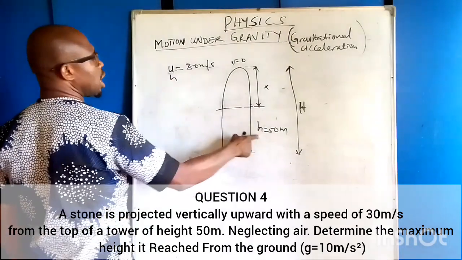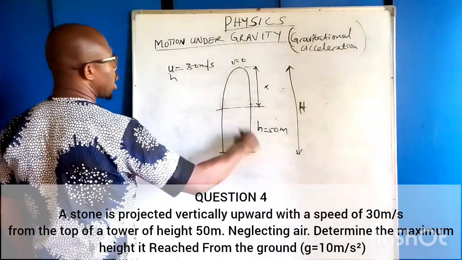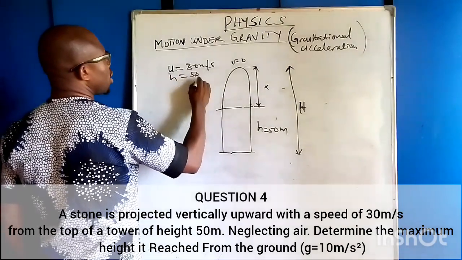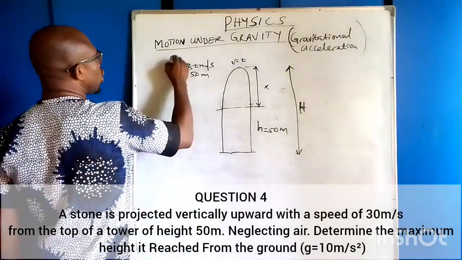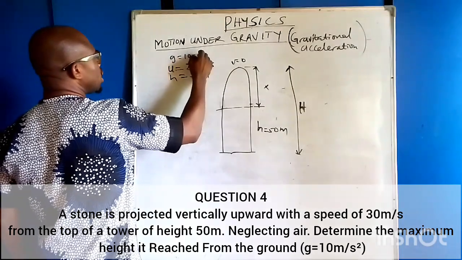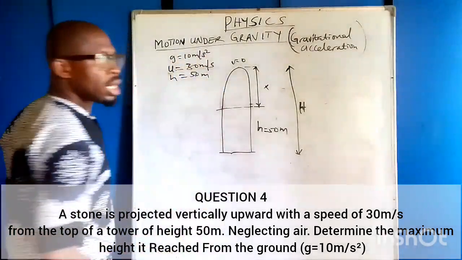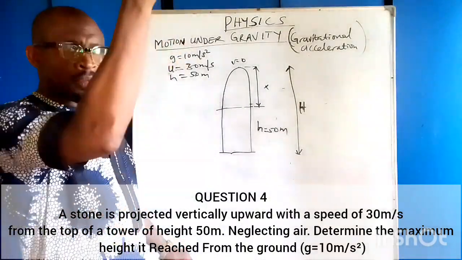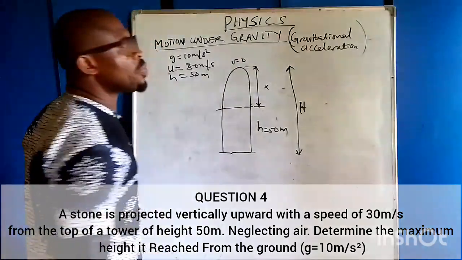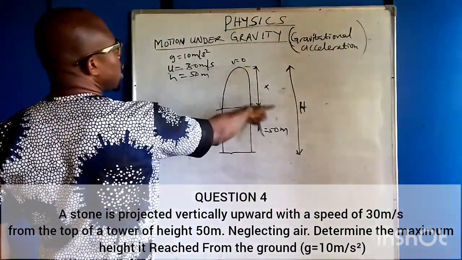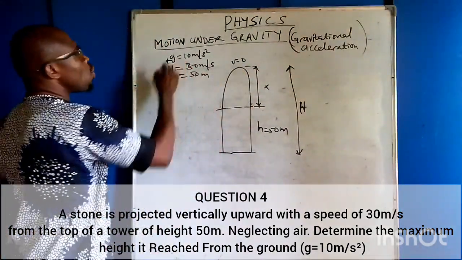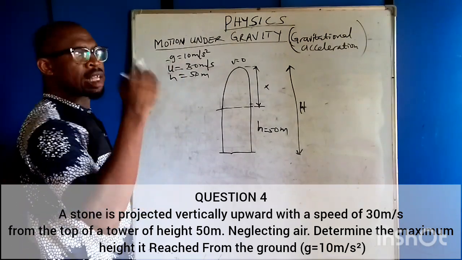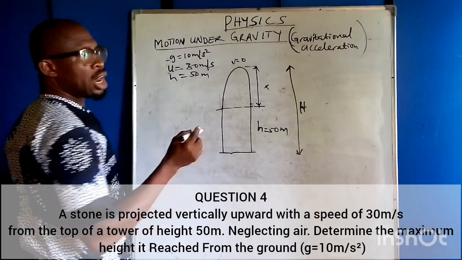Now the height of the tower is 50 meters. g is 10 meters per second squared. Remember, it was projected up, so g will experience negative acceleration.